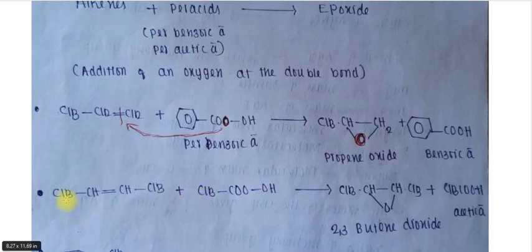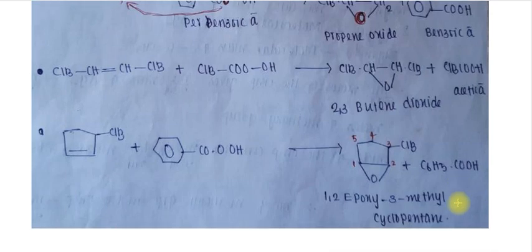Another example is CH3CH=CHCH3, that is an alkene treated with peracetic acid, that is CH3COOOH, and we get the product as an epoxide, that is 2,3-butene oxide, CH3CHOCHCH3 plus CH3COOH, that is acetic acid.